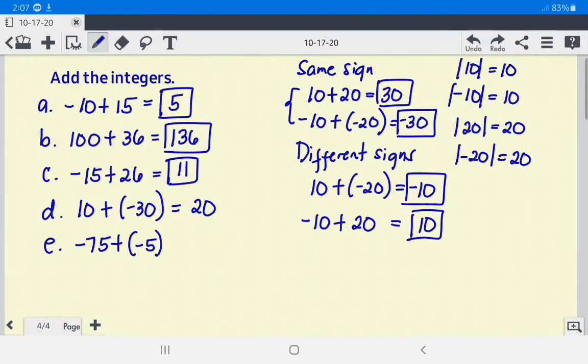We have negative. So, you will just copy, negative 20. Next, same signs. Automatically, you add. We have 75 plus 5. We have 80. Then, copy the common sign, which is negative. So, that's it. That's all for addition of integers.